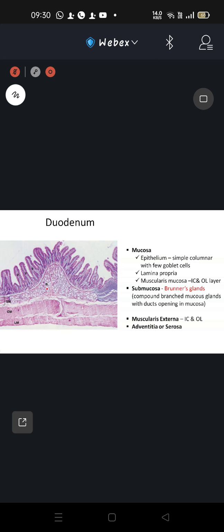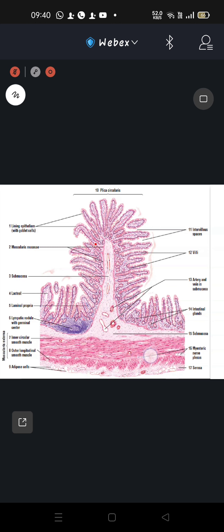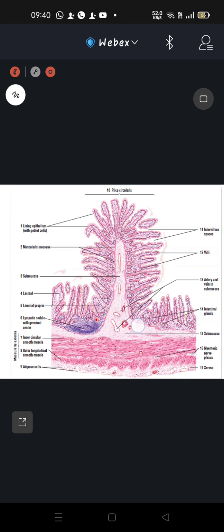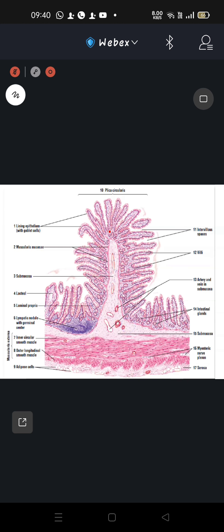So this plica circularis as shown here, this is a plica circularis. It has a core of the submucosa and is lined by the mucosa. And these are very much developed in the jejunum.